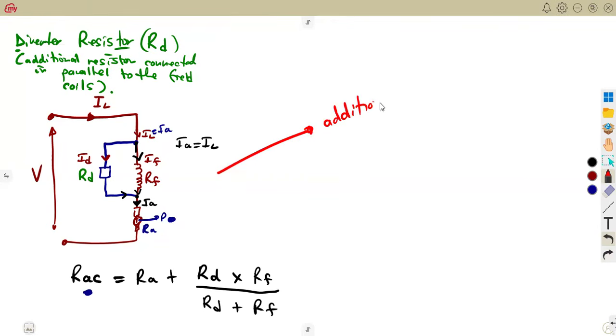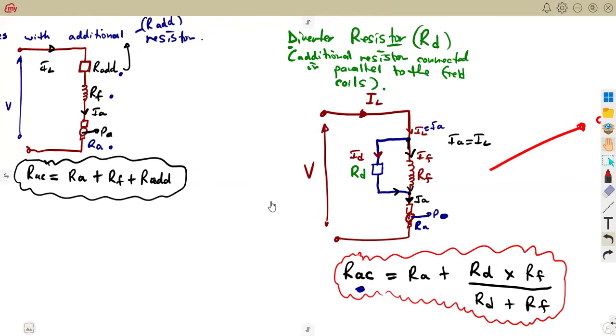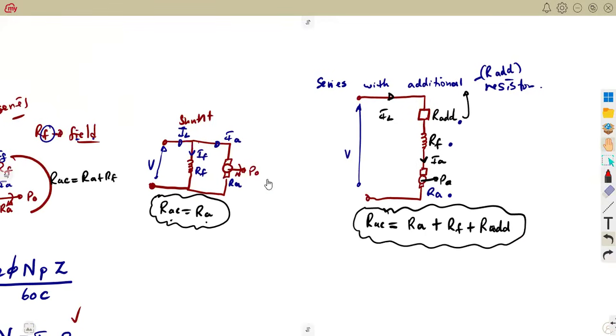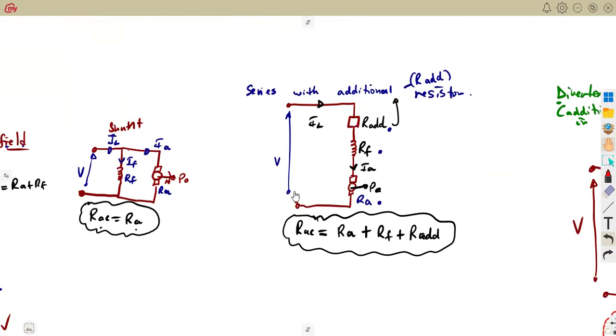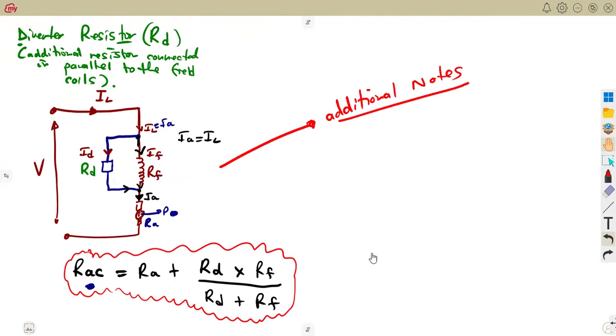Remember, all these diagrams that I'm presenting right now, from this of an additional resistor in series, from this of a shunt, from this of a series, I was focusing on the resistance of the armature circuit. So this is an additional part which is not to say it is of resistance of the armature circuit, but you need also these calculations.